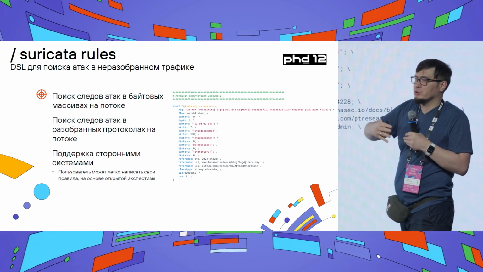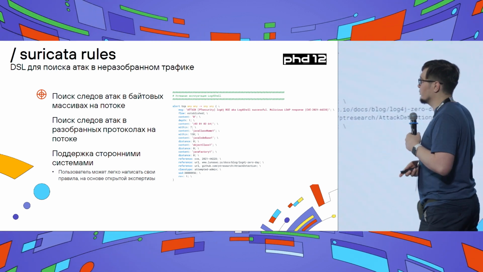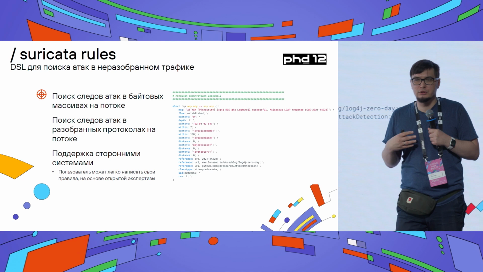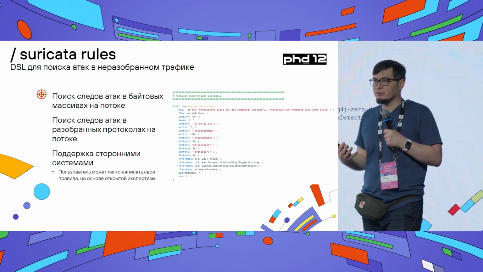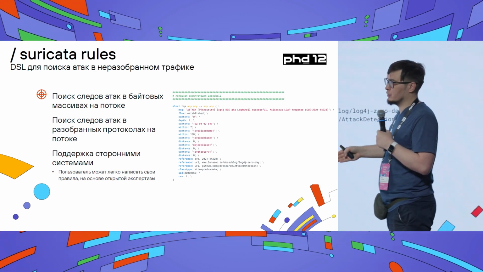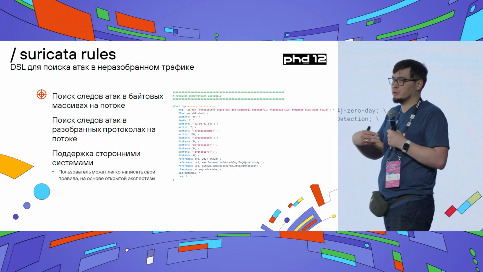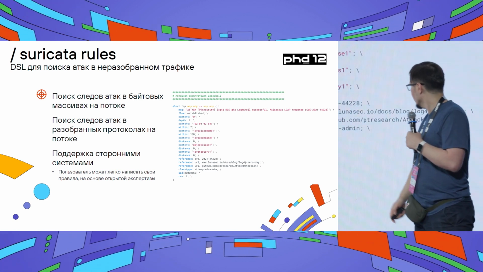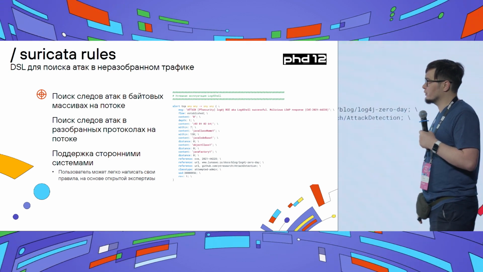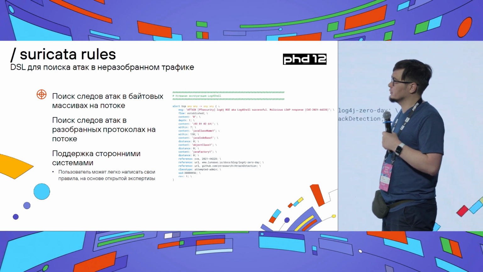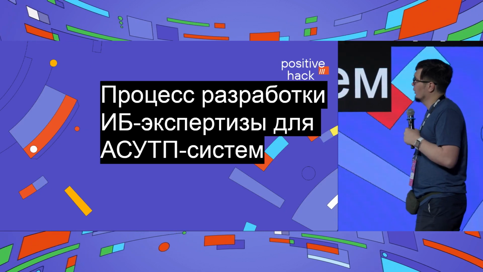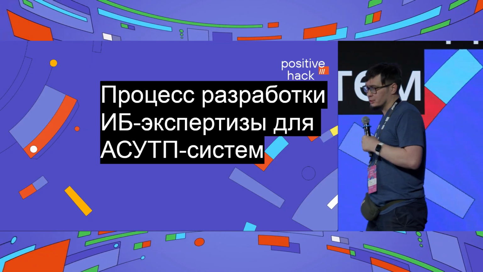It contains a number of keywords which describe byte offsets and which help us to identify and detect the attack in the binary traffic. The cool thing is that you can detect an attack in the binary traffic without analyzing for events. Sometimes it just doesn't make sense to do that. The benefit of this is that it is broadly used in various systems. You can work with the traffic right in the flow of it, and there's no need to single out events.